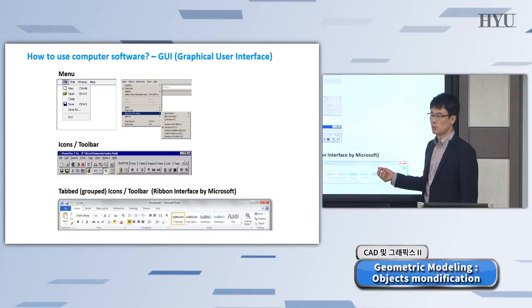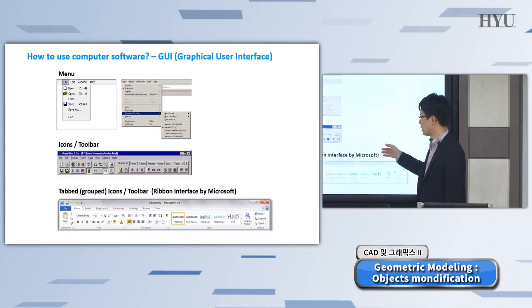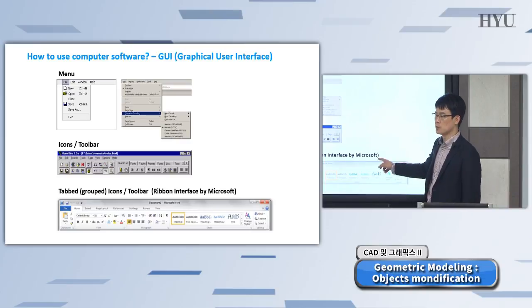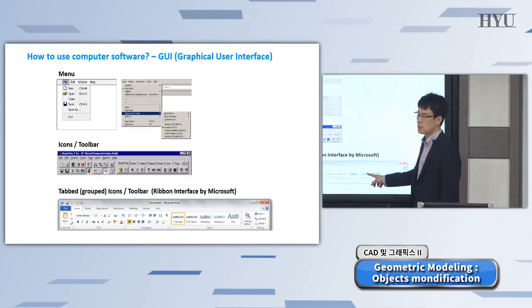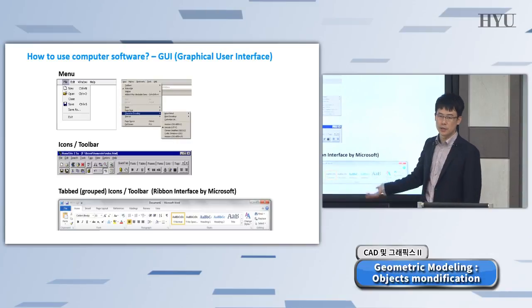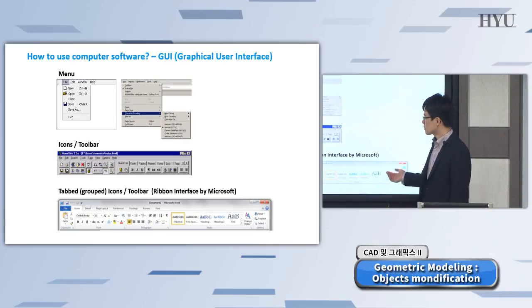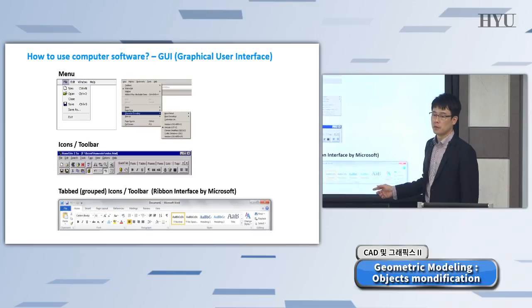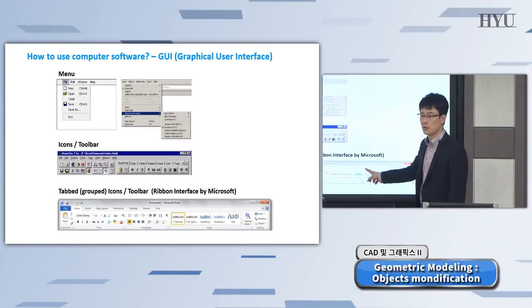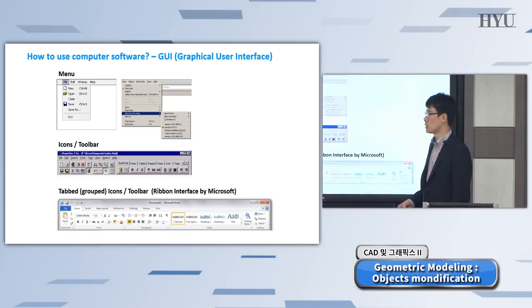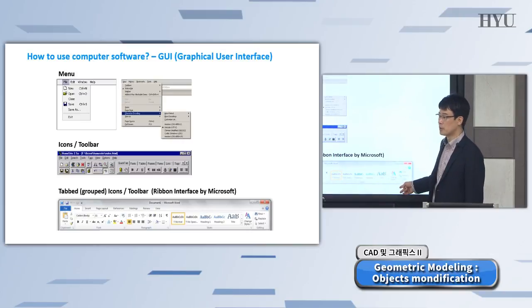Most of you and I use Microsoft Windows, Windows 7, Windows 10, whatever. Microsoft is the developer of the operating system, so they provide some fundamental schema for application development. This interface mechanism was developed by Microsoft, not Autodesk or other software vendors.